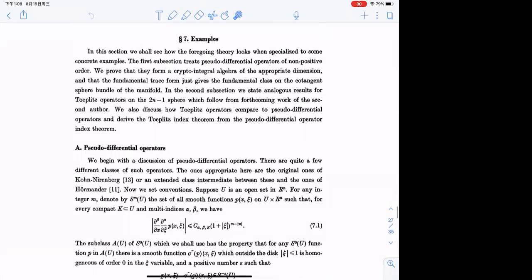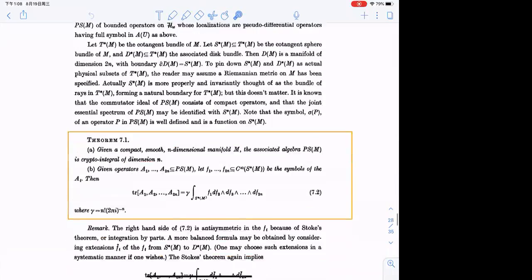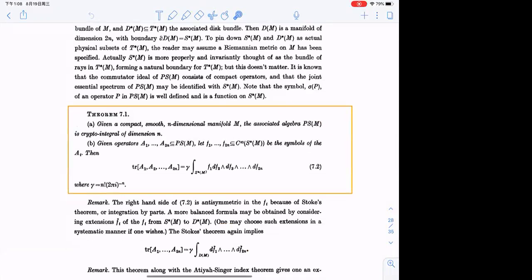The first example they gave is about pseudo-differential operators, and this is the formula they get. If you have a compact, smooth, n-dimensional manifold M, and this is some collection of pseudo-differential operators, then it satisfies the conditions they gave, and you have this kind of trace formula.